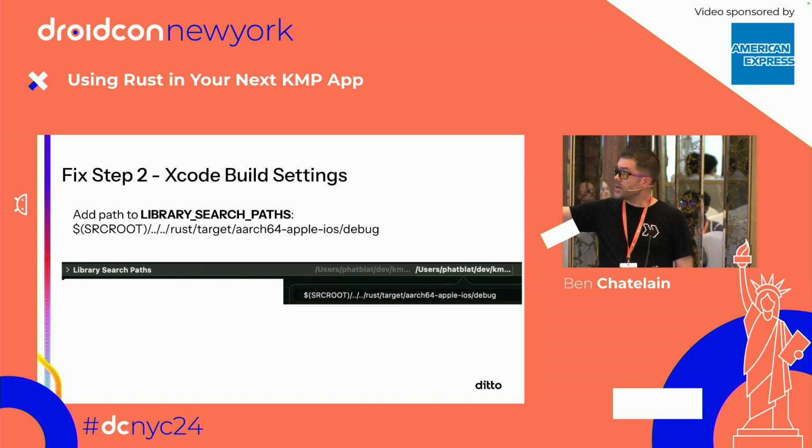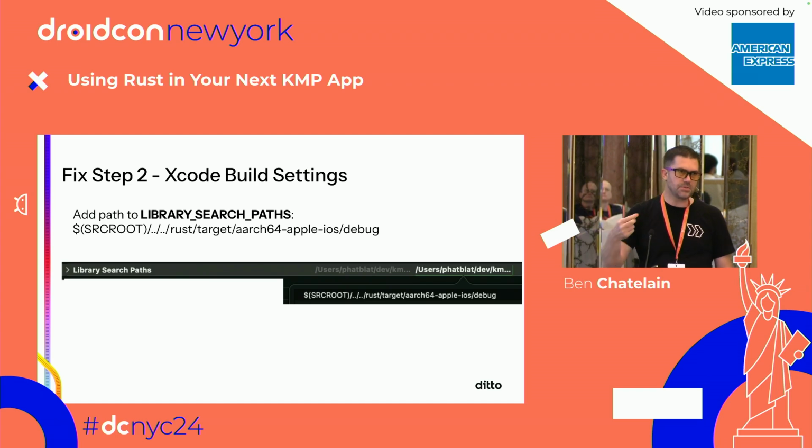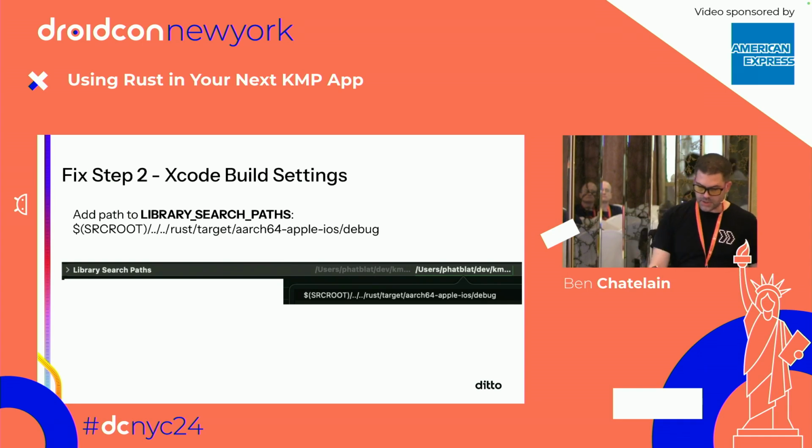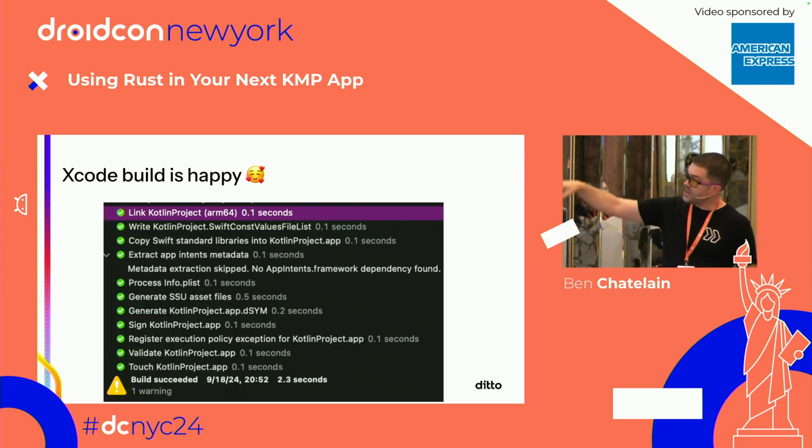And this is where I took a shortcut, because you can actually configure this for each of the 3 iOS platforms, the device or the 2 simulators. You can split this and have 3, but I just put 1 in here just for the device. And that's just back a couple of directories and down into the Rust debug directory. So that tells it where to look for that file. Then you hit build, and that link Kotlin project up at the top succeeded. So now it built. So it found that file.